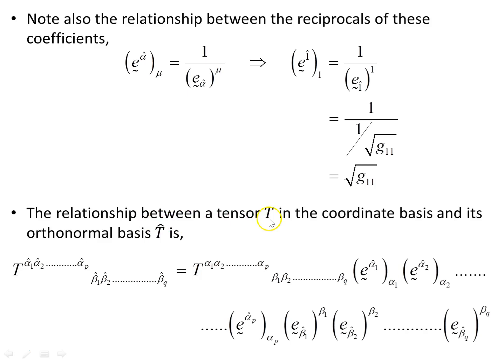Now the relationship between a tensor T in the coordinate basis and its orthonormal basis form T hat. Remember, we often want the orthonormal basis because that's the basis in which we perform measurements, and its components represent physically measurable quantities. So we often want to convert to the orthonormal basis when we want to talk about measurements, or if we want to make a prediction of what those measurements will be.